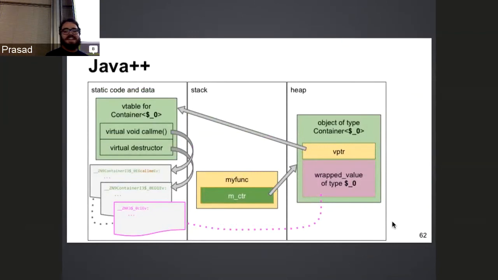This is what it looks like at runtime. MyFunc is a std function object, or I guess a void void object. It has one member, which is a pointer to this guy, who is a container of, in this case, an unnamed lambda type.